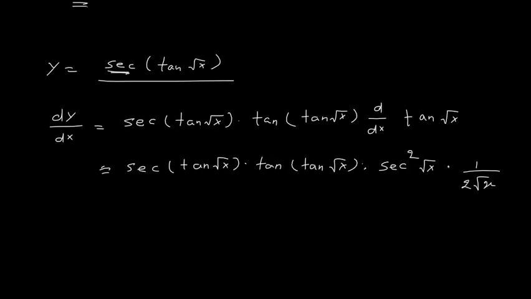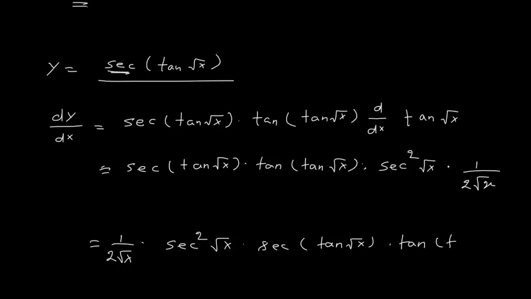So the same answer you got, but you got in less number of steps, and I think it is a little easy to understand also. So finally you will rearrange, you will write 1 upon 2 root x into sec square root x, then sec of tan root x, then tan of tan root x.